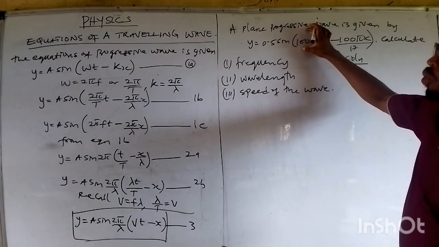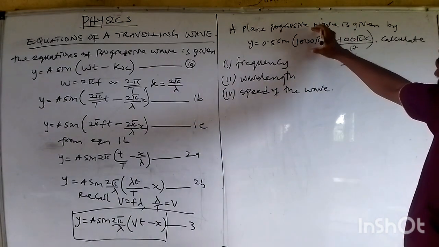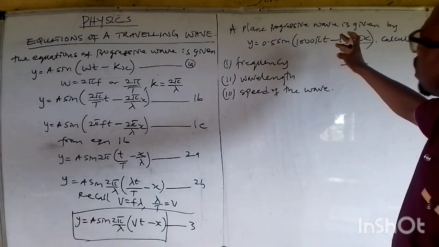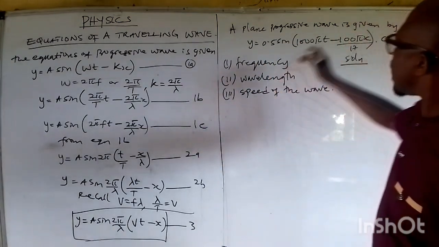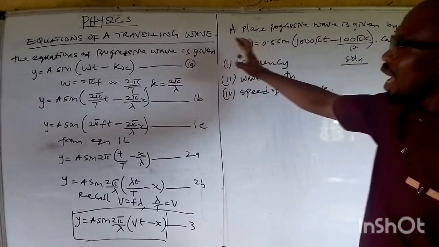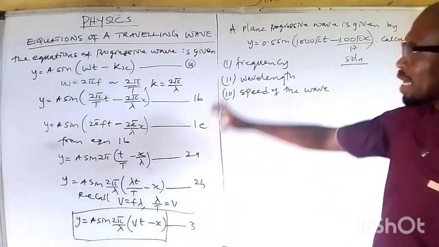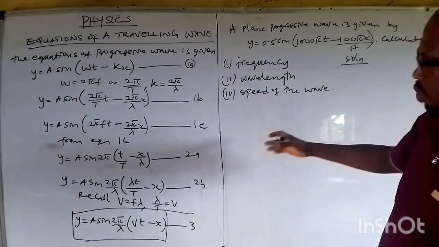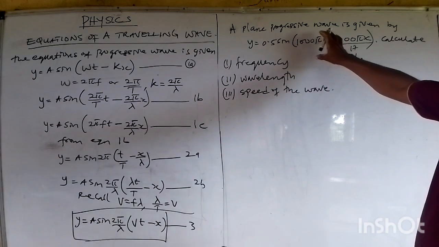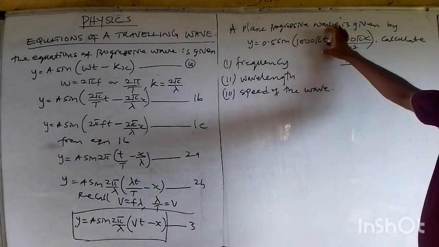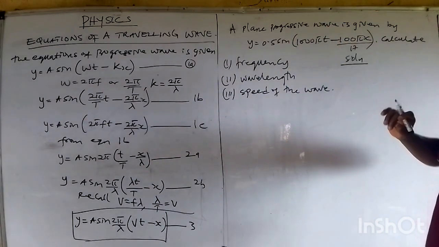All we need to do is to relate this equation with any of the equations given. And of course, we'll obtain equation 4. It is equation 4 that we can liken this equation with.